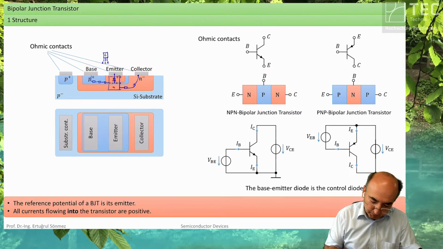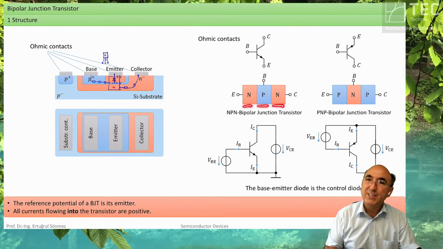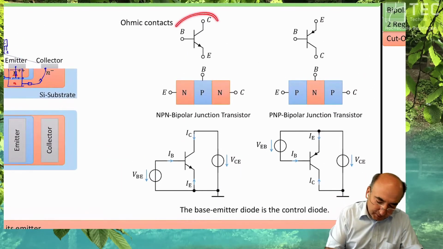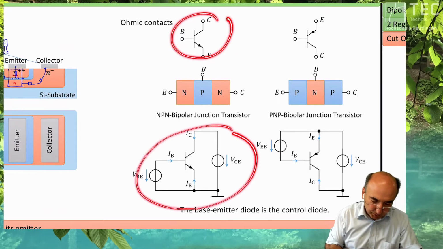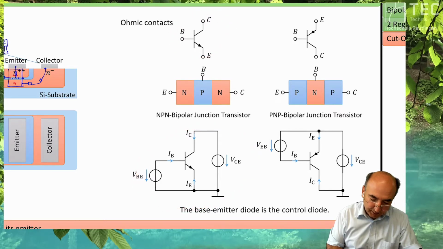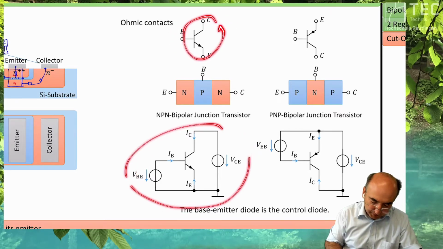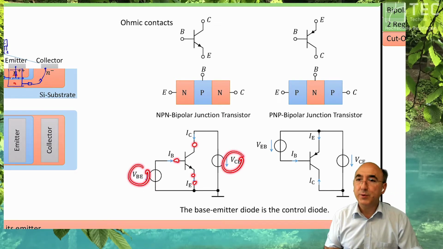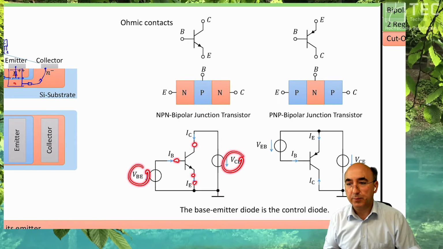Therefore, we talk about these box-shaped doping areas. And the symbol of these transistors are placed on top within the very basic circuit diagram. So you control your transistor between base and emitter, base emitter voltage, and you apply also a collector emitter voltage, and then you have your very first circuit diagram here.